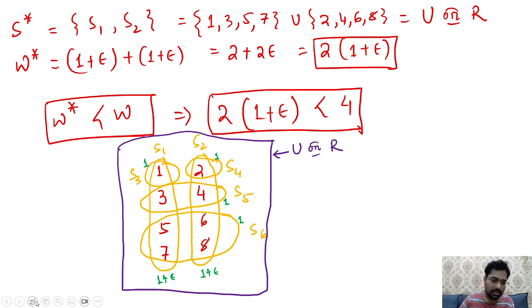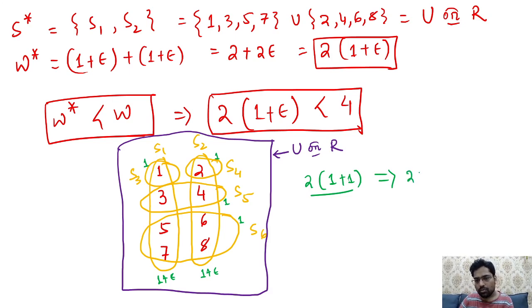Suppose you say, sir, you are not giving the proper idea. See, the maximum value of epsilon is 1, because it ranges between 0 to 1. If I take the maximum value of epsilon as 1, then I have to write this one, clear? So definitely what you are expecting is 2 into 2 is 4. This is your W star, but W is fixed at 4.